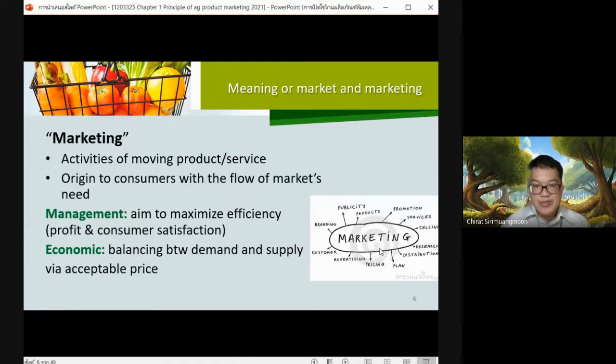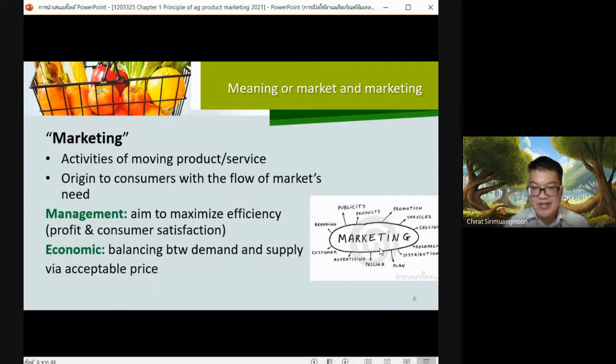So if you are a business administration student, you might think on this side: when we think about marketing, you think about profit, and you think about how you make the consumer happy. But for an economics person, they focus on how to balance demand and supply with an acceptable price. They don't think about the profit, and they don't think about consumer satisfaction.